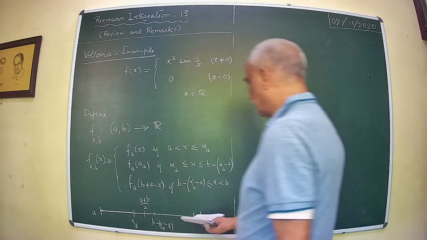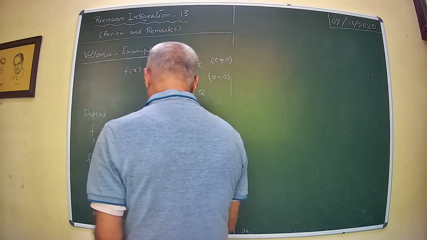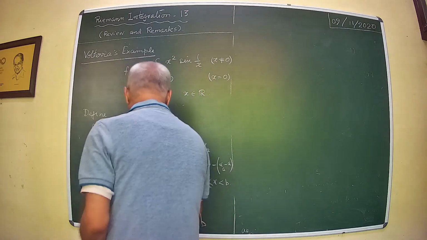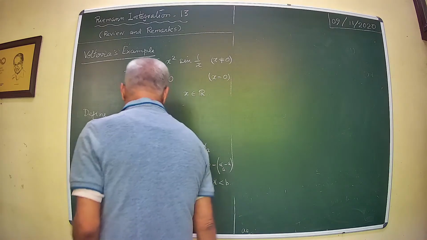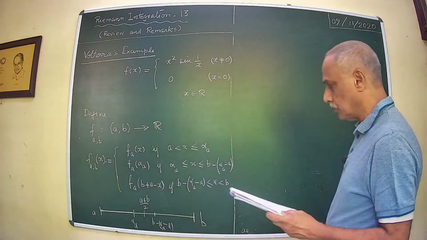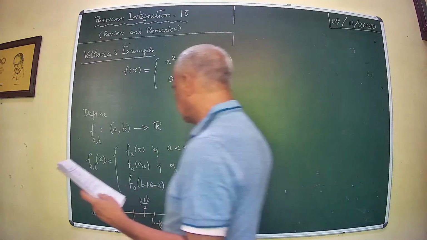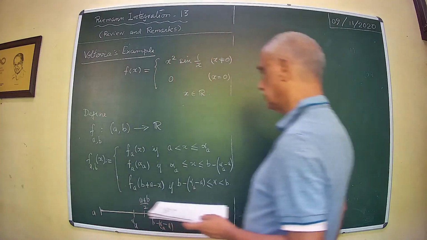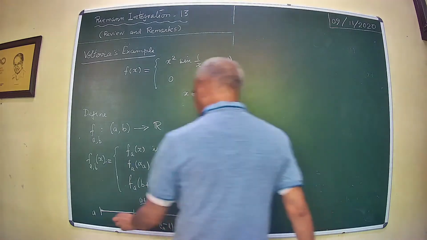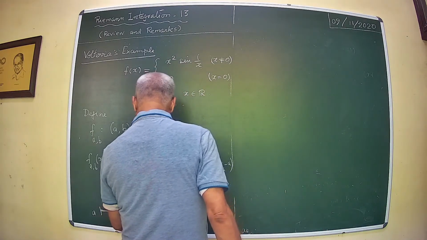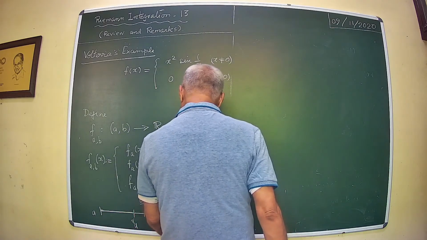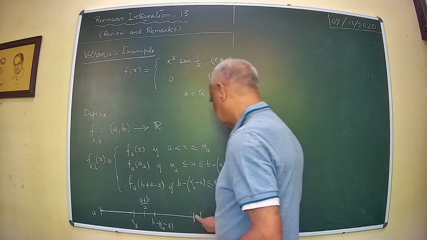And you subtract from b alpha_a minus a, so you get b minus (alpha_a minus a). So you divide the interval a to b into three portions, namely a to alpha_a, then alpha_a to b minus (alpha_a minus a), and then b minus (alpha_a minus a) to b. So three portions.